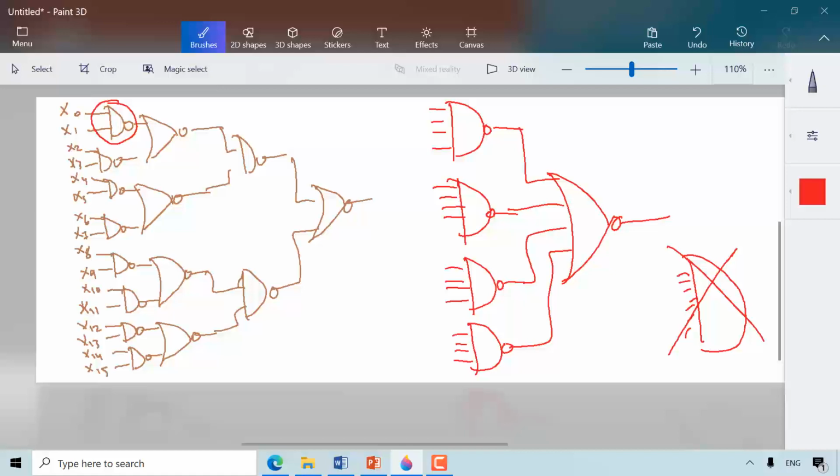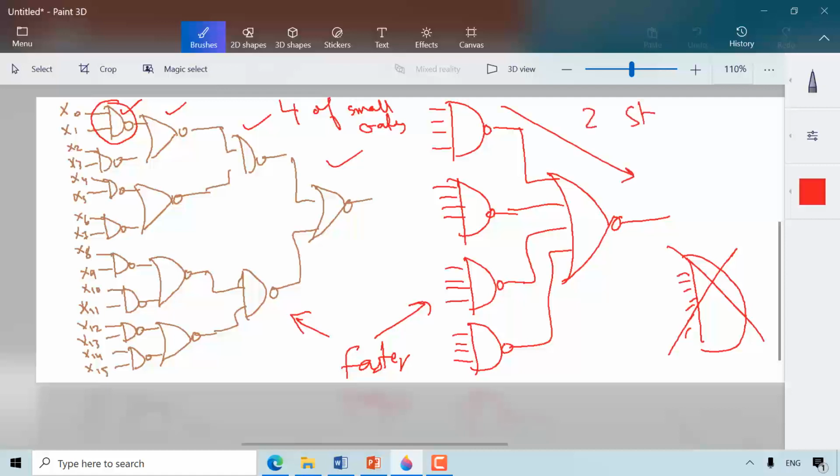Okay, so the second question: which is faster, this one or this one? Well, in fact, you really need to simulate, because this tree has 1, 2, 3, 4 stages of small gates, and typically they are fast, right? And here, you have 2 stages of more complex gates.